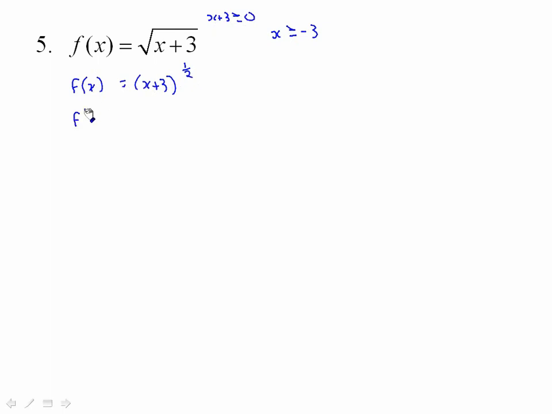So the first derivative, f prime at x, is equal to 1/2 times x plus 3, subtract 1 is negative 1/2, times the derivative of the inner, which is 1. So f prime at x, if we put it all together, is equal to 1 over 2 times the square root of x plus 3.